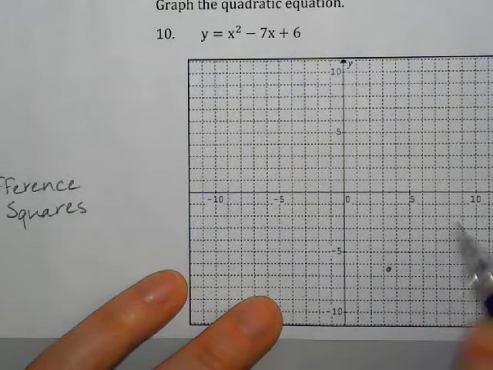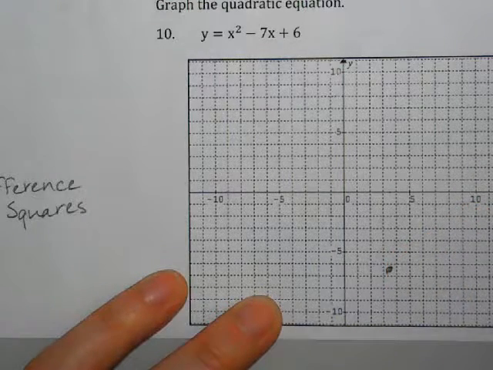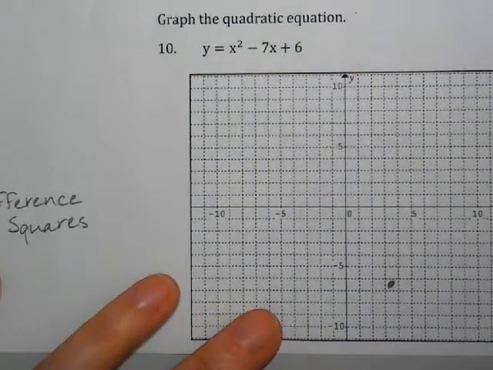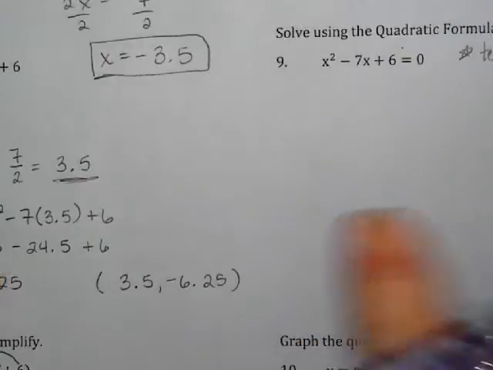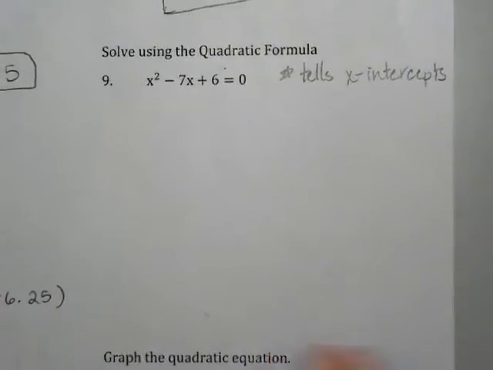It's just going to be an approximation, but I need to specify that point. And then we're going to go up to number 9 and find the x-intercepts using the quadratic formula.